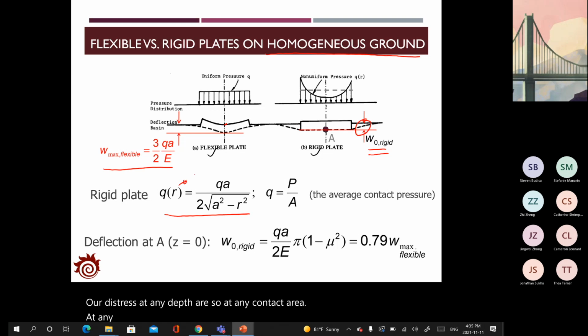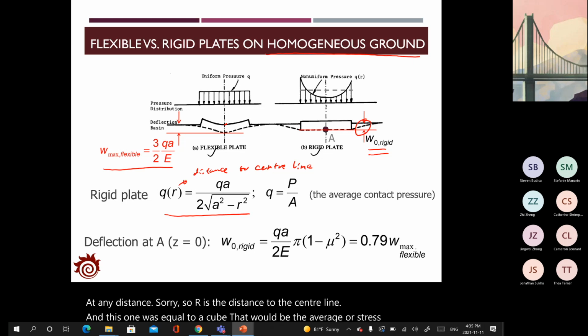Sorry, R is the distance to the center line. And this will equal Q, which is the average stress or the pressure applied to the rigid plate.